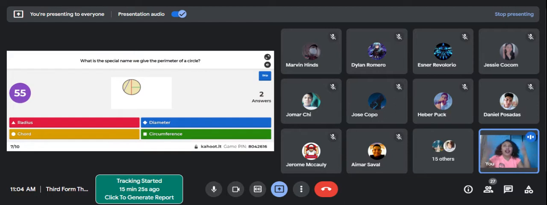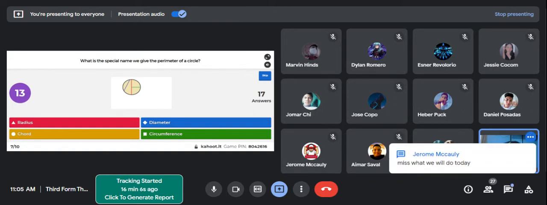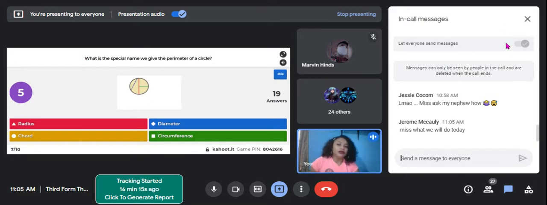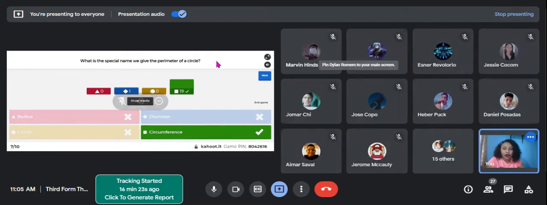The distance around the circle, what do we call that? Okay, most of you got that one correct.